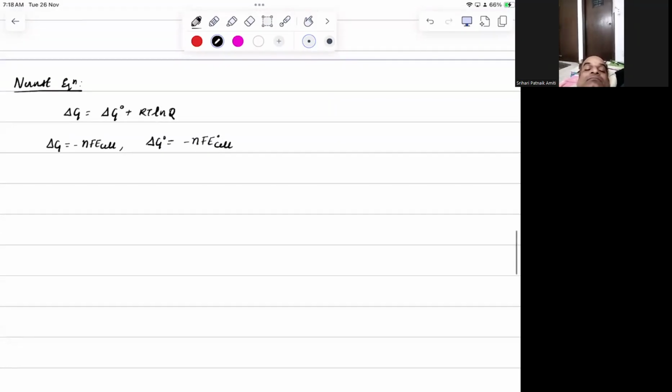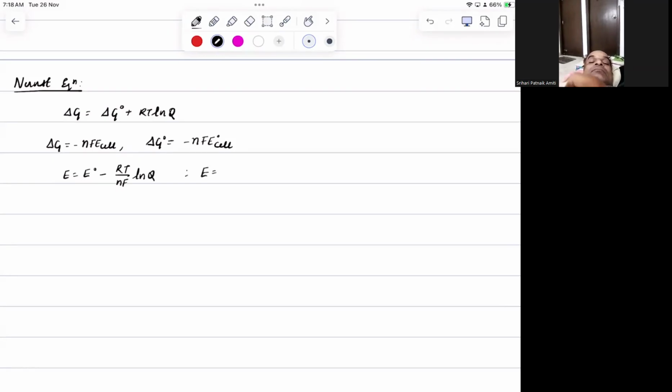If we substitute both, we get E is equal to E naught minus RT by nF into ln Q, or 0.0591 by n log Q.